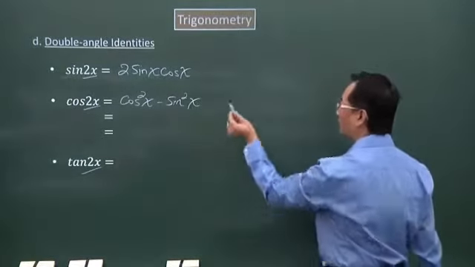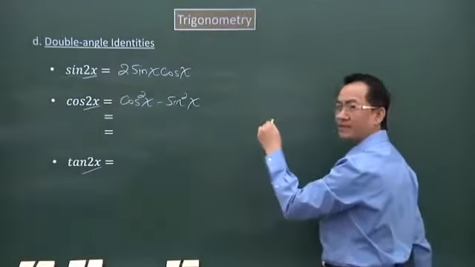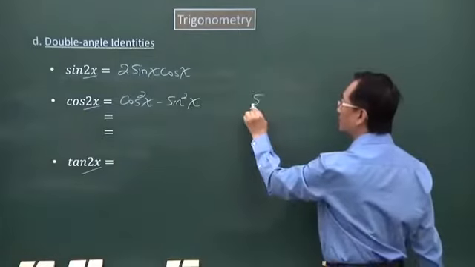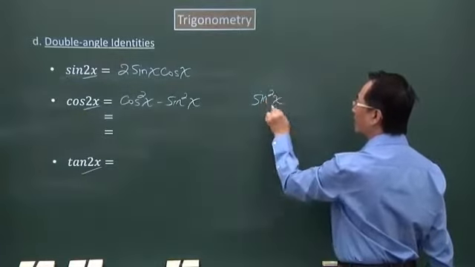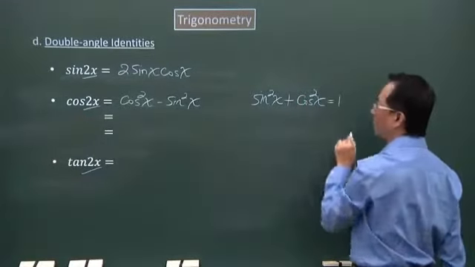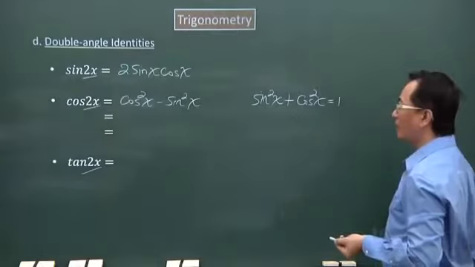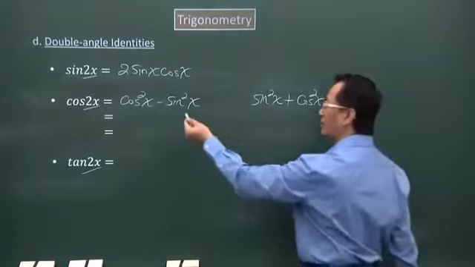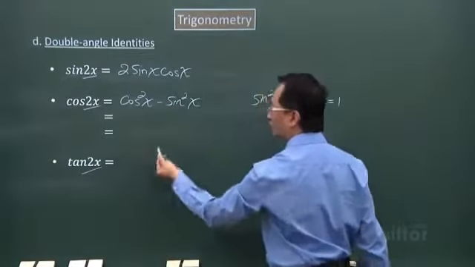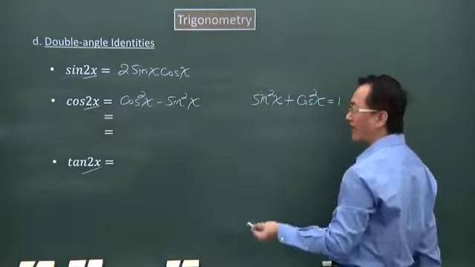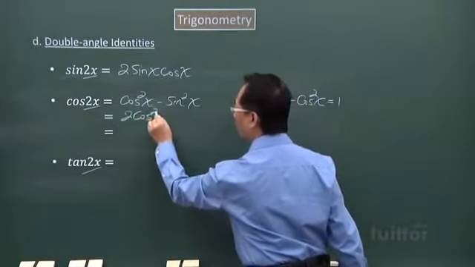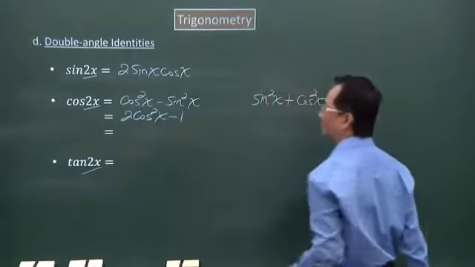Now, we have another identity from the Pythagorean identities group, which is sine squared x plus cos squared x equals 1. Now, from here, we can derive the next two. So the next one we are going to get is 2 cos squared x minus 1.